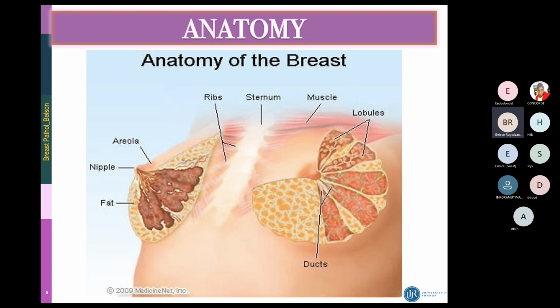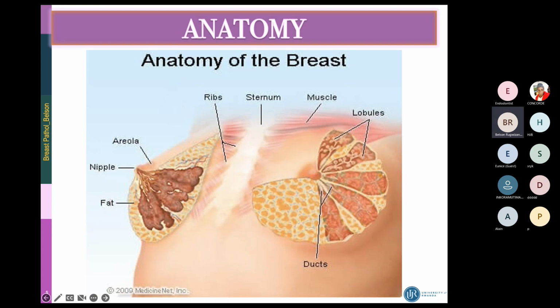So the anatomy of the breast, and you remember in embryology that breast is actually a derivative of the skin. So it shares some features of the skin, although of course it has specialized glands which make milk. The glands are organized into lobules, and the milk will be excreted through the tubules or ducts.